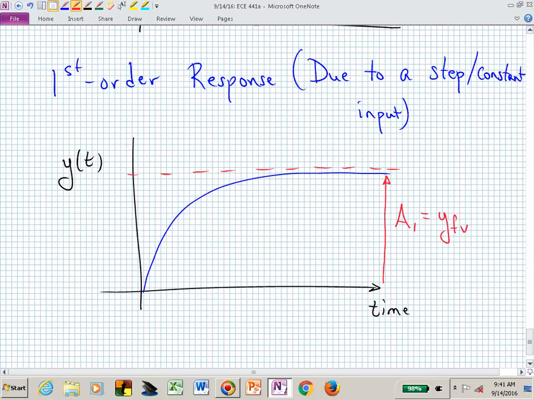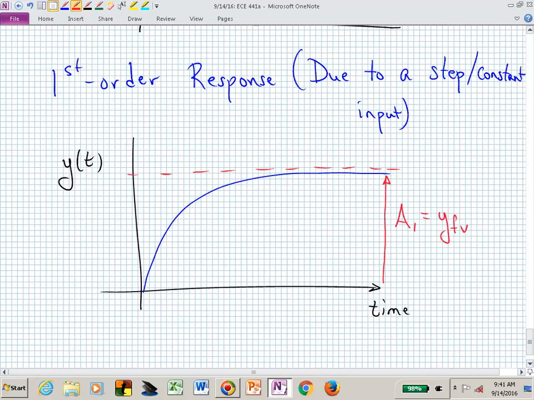Can we collect any other useful information from this picture besides the final value? And that should have been exponentially close to that dashed line. I just can't draw. So it's approaching that dashed line. Can we extract any other useful information about the system's behavior from this picture other than its steady state value? The time it takes to get there.